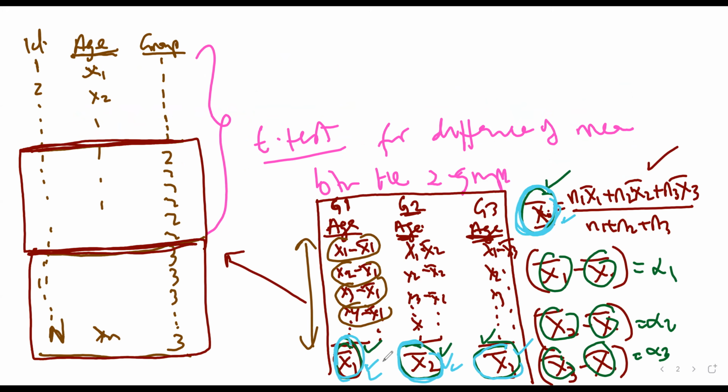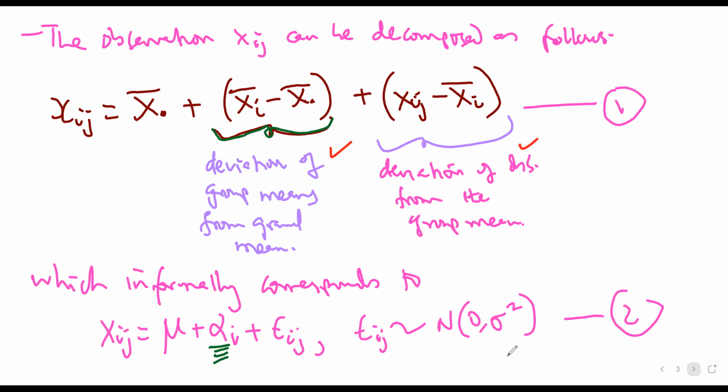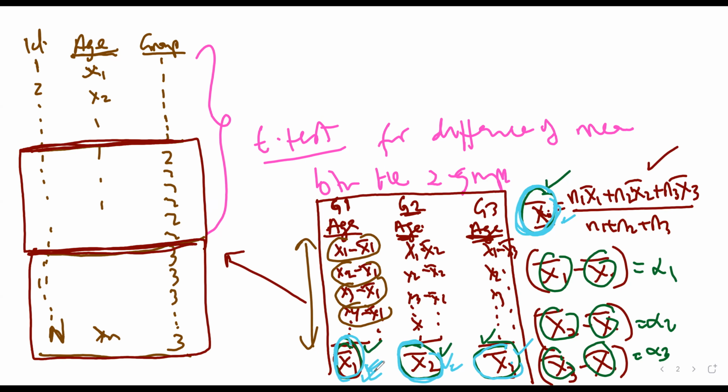You take each observation minus the overall mean, you square that deviation, then you sum, divide by the degrees of freedom. In this case, we have 3 observations, so we'll be dividing by 3 minus 1. So here, we are finding the variance of the group means.